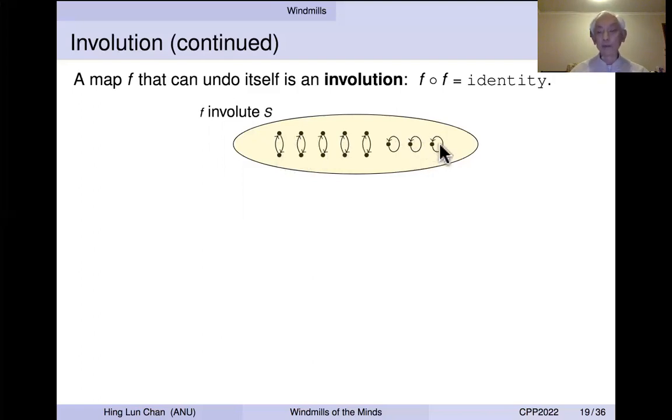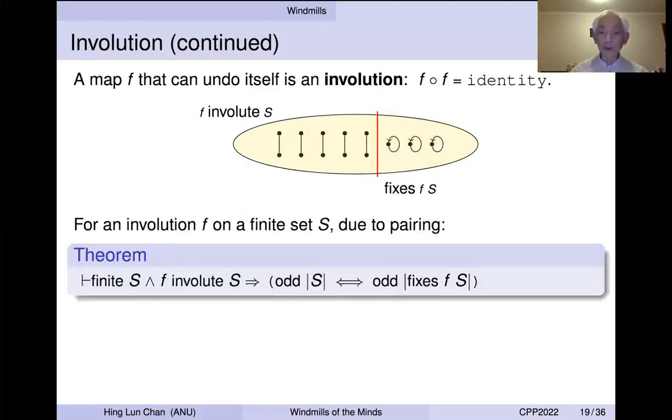Well, the last one must pair up also with itself because every other one has been paired already, either to a different one or paired up with itself. These are called a fixed point of the involution. And for a finite set, we have this particular theorem, which basically says that because the involution has all this pairing, this part will give us an even number of elements.